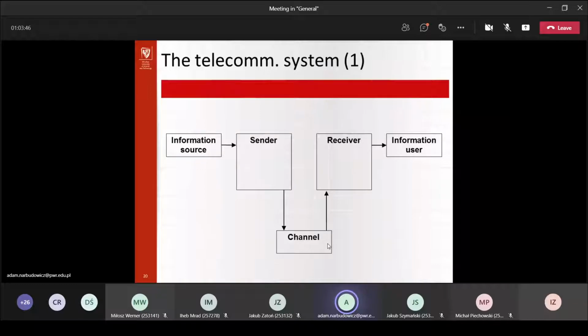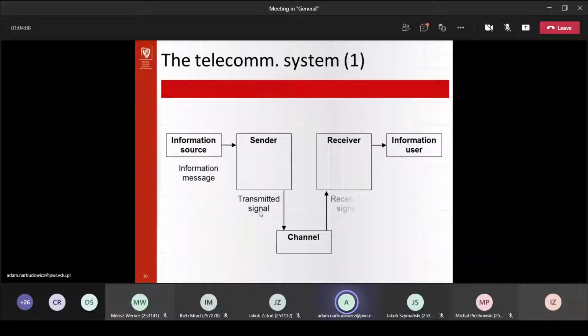So typically, the channel will see addition of noise. However, again, this is pretty much generic, right? So depending on which channel we use, who is the sender, who is the receiver, the details will change. However, the general framework will still be the same.